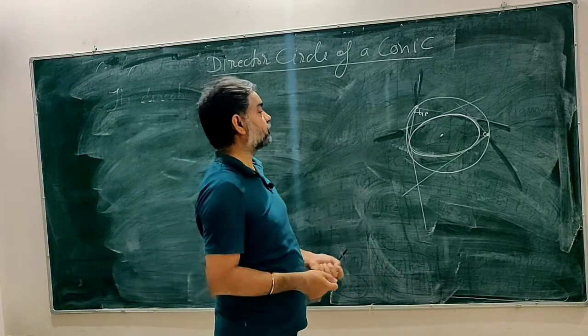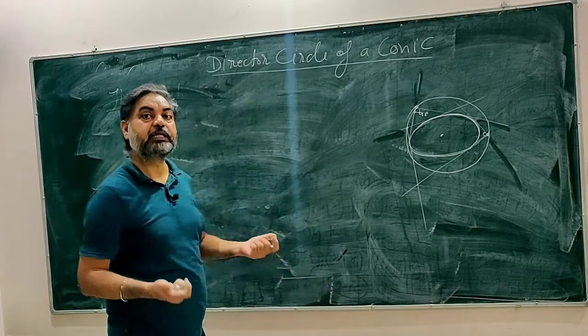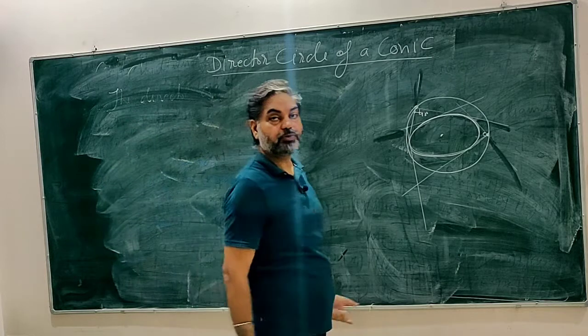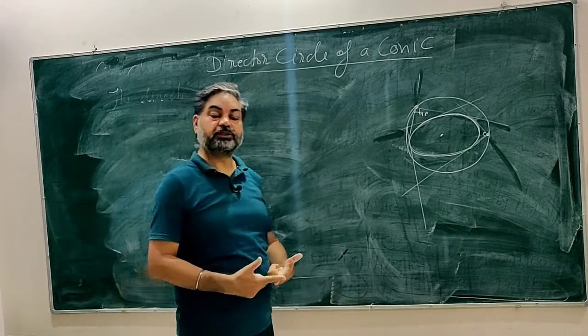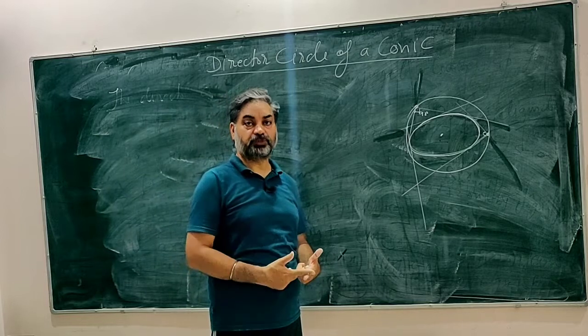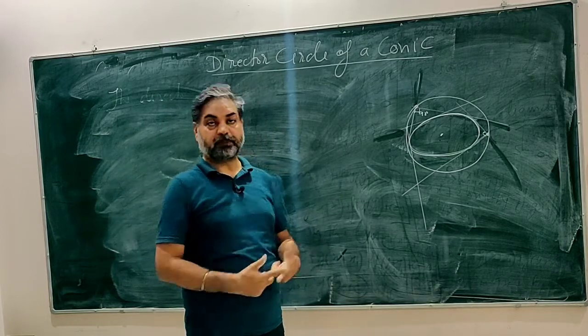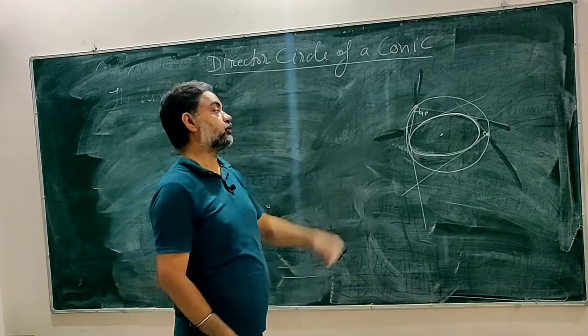So how to find the equation of the director circle? What is the director circle of a conic? The director circle of a conic is the locus of the point of intersections of perpendicular tangents to the conic.